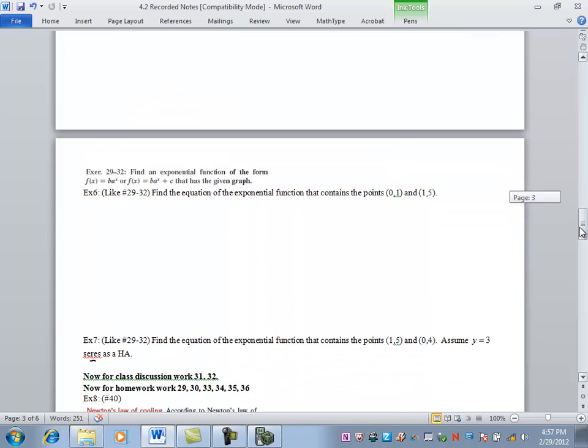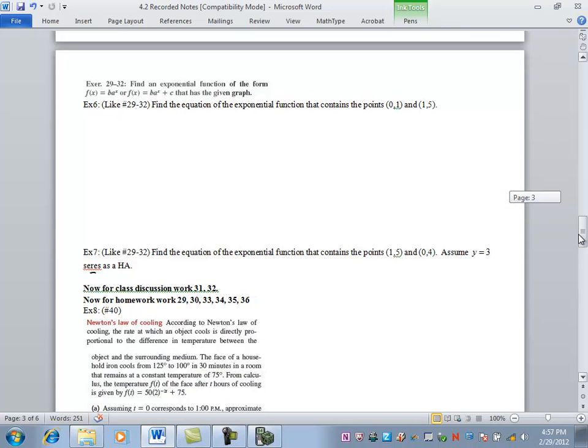Now let's graph some more functions here. Looking at example 6, we're going to assume a horizontal asymptote at the x-axis, at y equals 0. And so with that being the case, we can simply consider f of x equal b a to the x.